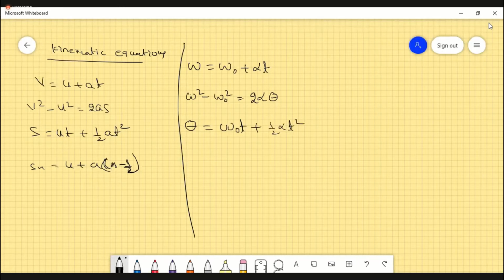Theta nth equals omega naught plus alpha into (2n minus 1) by 2.